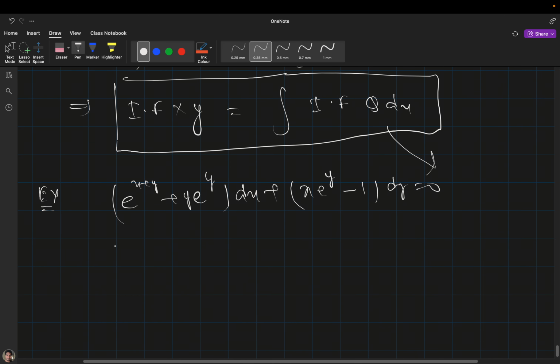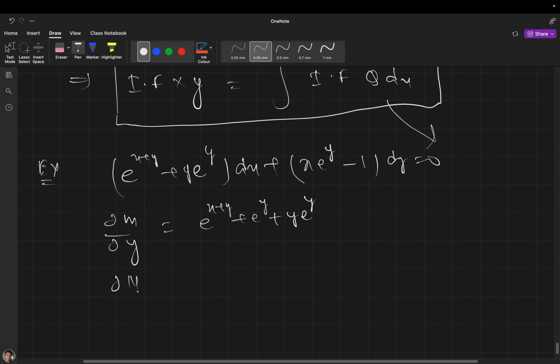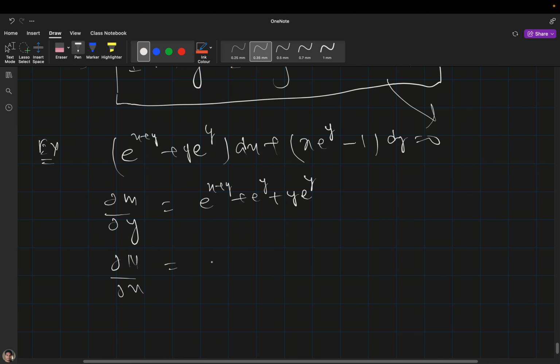You can see that ∂M/∂y is e^(x+y) + e^y + y e^y, and ∂N/∂x is just e^y. So clearly ∂M/∂y is not equal to ∂N/∂x.